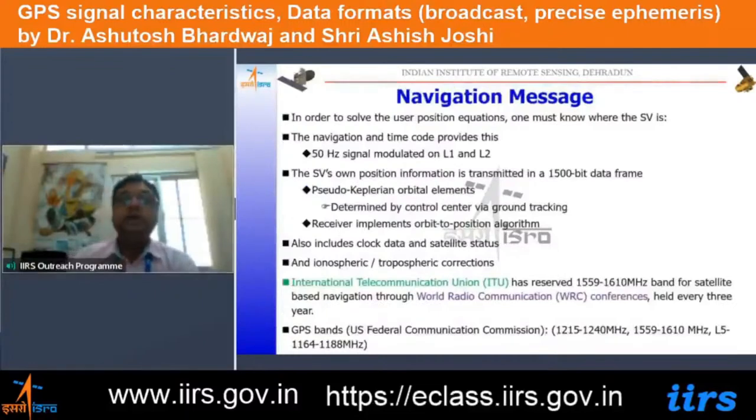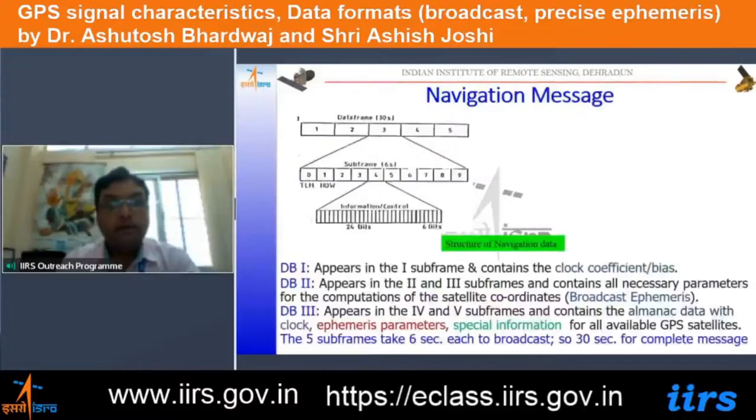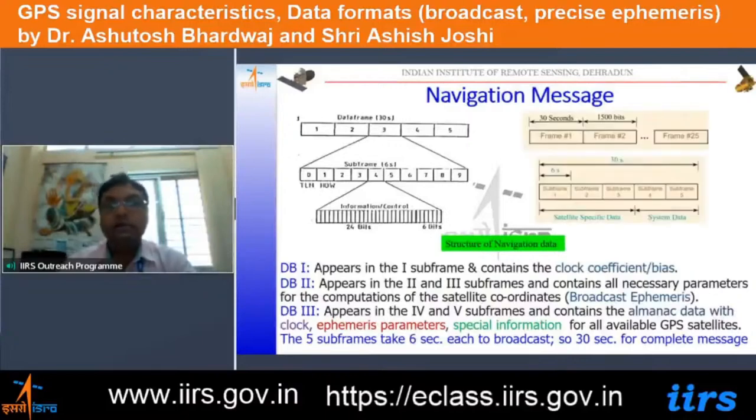As I've already discussed, Block 3 requires a full hardware as well as software changeover on the ground stations also. This navigation message we have seen earlier. The frequencies are allotted by the ITU for various services to the various GNSS constellations, and the navigation message consists of 25 frames, where each frame takes about 30 seconds to transmit, and each frame is divided into 5 subframes.